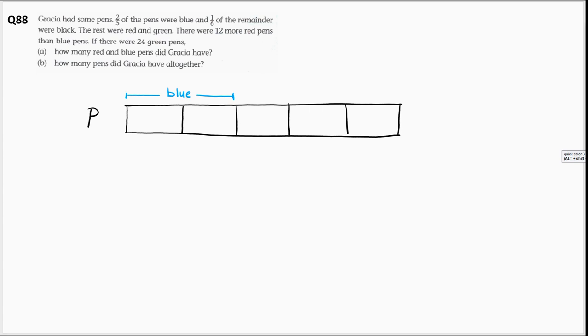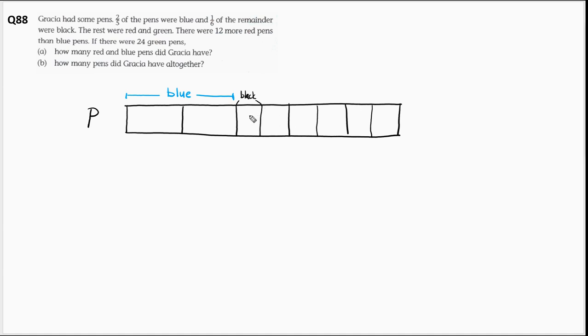If we subdivide all of these, if we divide all of these into 2 parts, we're ending up with 1, 2, 3, 4, 5, 6. So we've got sixths. And 1/6 of this remainder were black. So, that's that portion there.